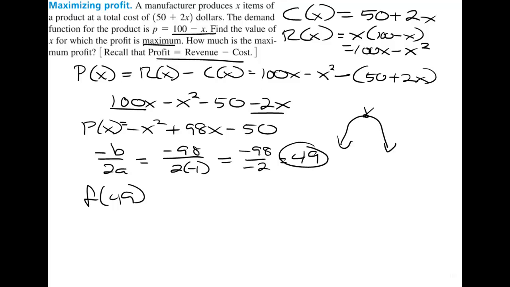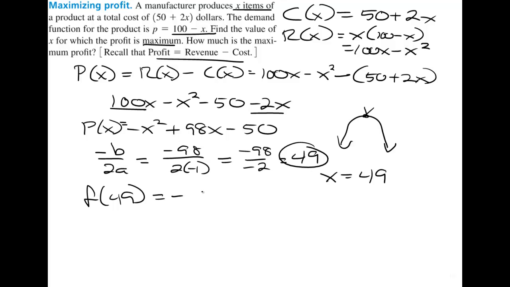And how does this relate back? So x equals 49 is where we maximize our profit. What does that mean? That means they should produce 49 items, 49 units. And then f of 49 means if they produce 49 units, what's their profit?